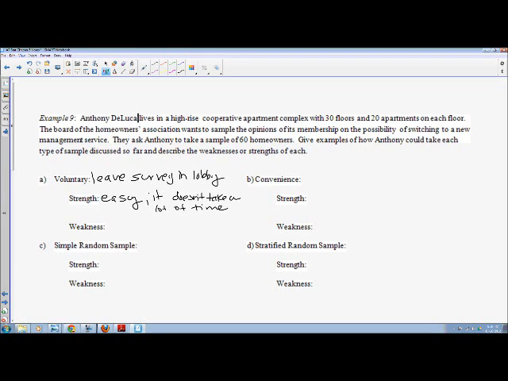What are going to be the weaknesses of just asking people to respond to a survey about how they're feeling? Sorry, not about the homeowners association, but switching to a new management service is what he's asking. Most likely, the weakness that's going to happen here is that people who feel strongly one way or the other are going to respond.